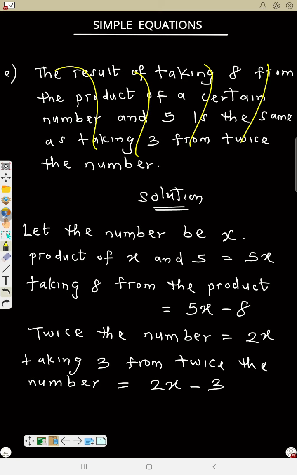word problem here is what I've interpreted in equation. Now let's do everything together.